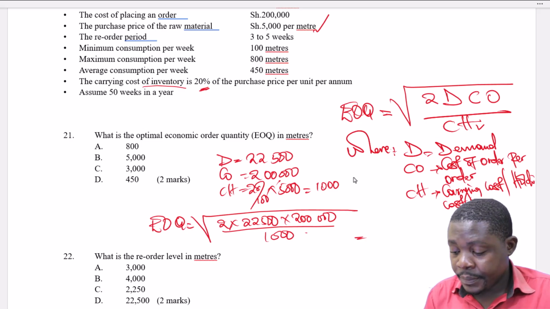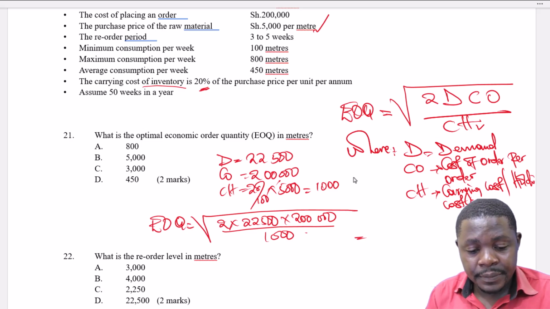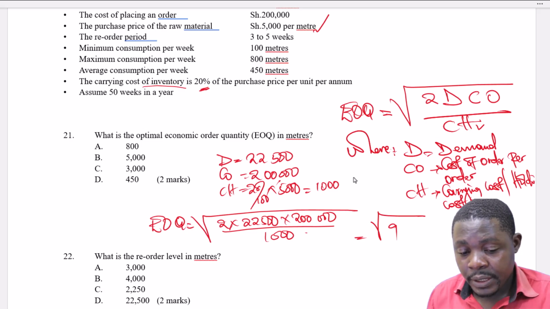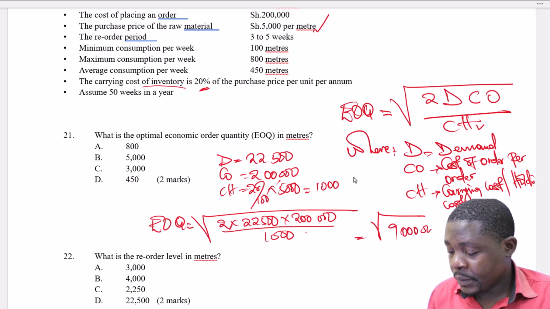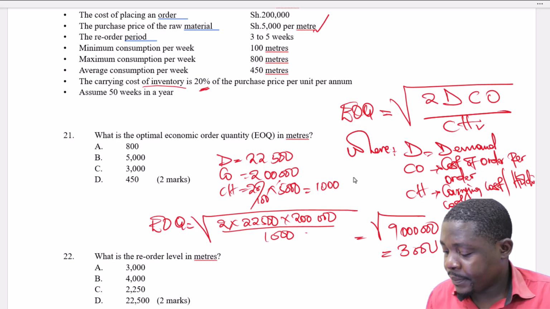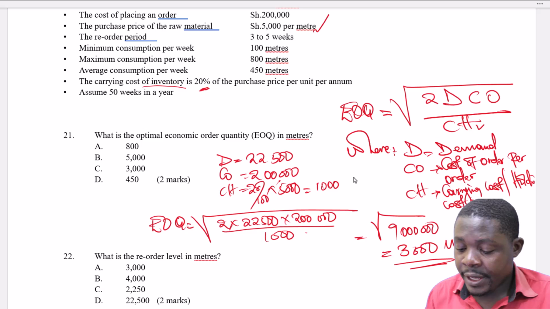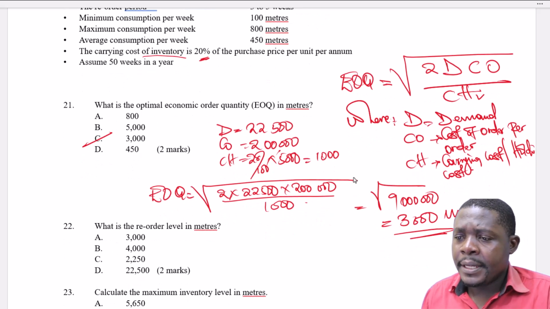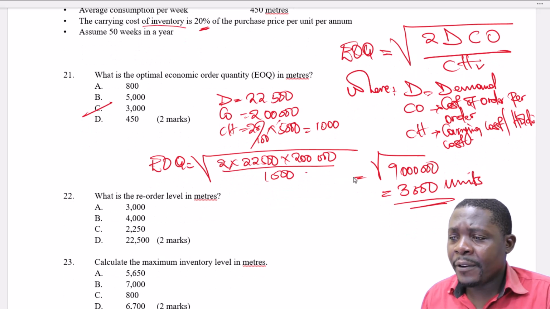Whatever you get, you divide by 1,000, then we find the root of 9,000,000. The square root of the answer is 3,000 units. Do we have 3,000? Yes. The answer is C.